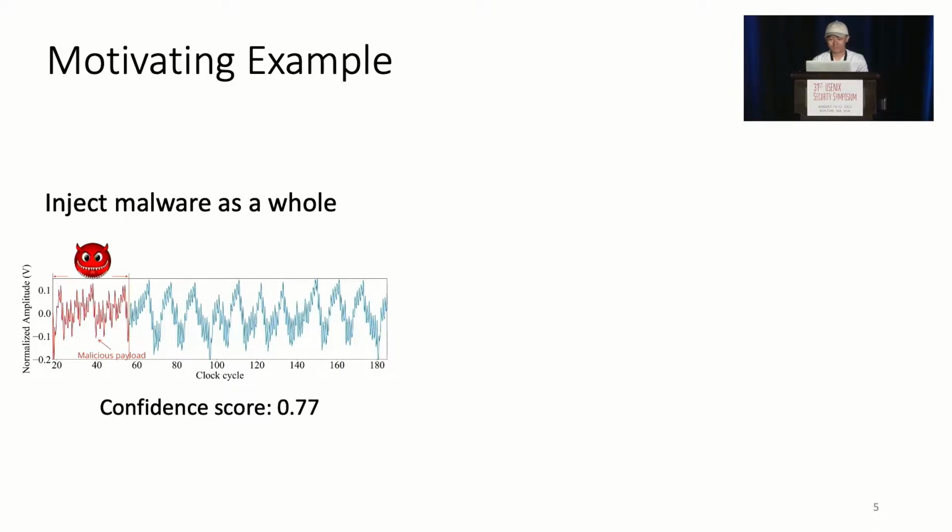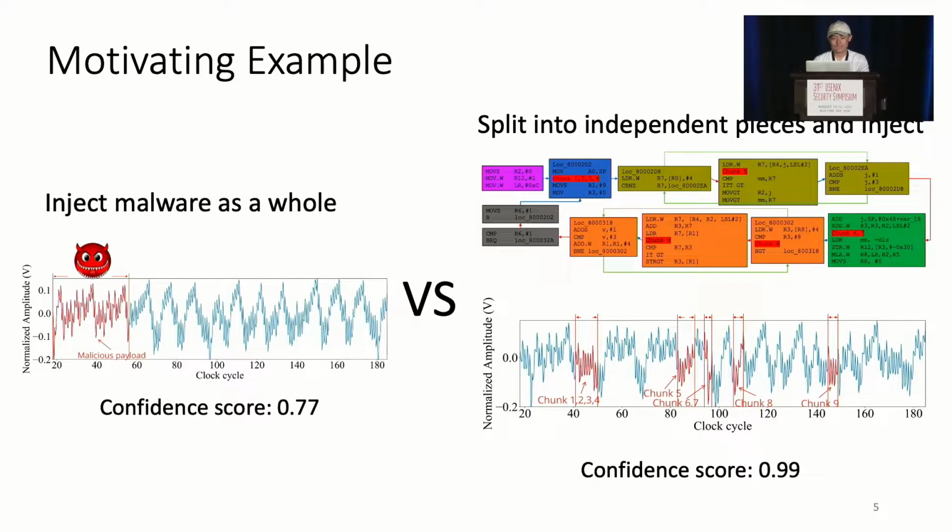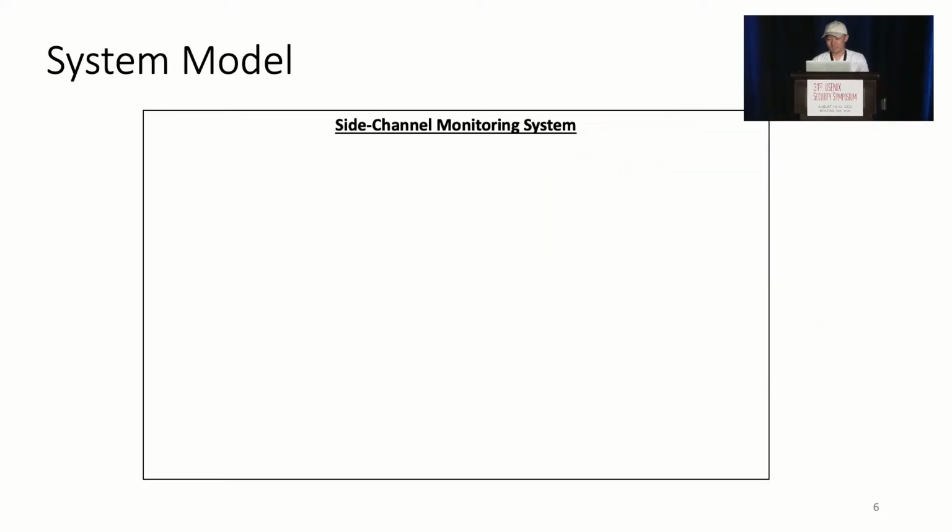However, the side channel monitor will output a confidence score of only 0.77, which is far below the detection threshold, so it'll be detected. Alternatively, he can split it into independent pieces and distribute them into optimized locations in the program, like this. And in this case, the confidence score is 0.99, and is above the detection threshold, so it can bypass the detector. Now that we have a high-level understanding of the attack, I will introduce the details.